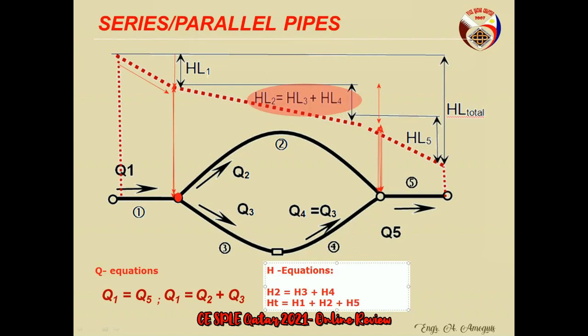Okay, ganyan. Yan yung total head loss ng system. So, dito ka lang iikot, kumbaga. It's either Q equation or yung head loss equation. Okay? So, isang problem before we mayroon pang 2 minutes.